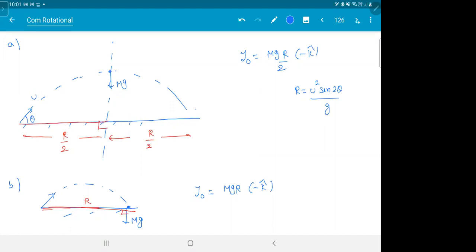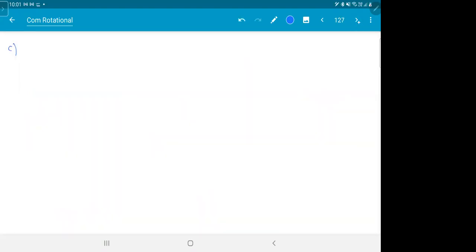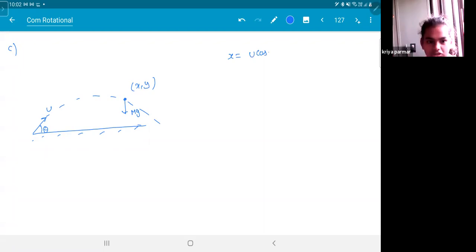Third one, see. You said any time t. So at any time t, let the coordinates be x comma y. Hope you guys remember how to find x and y. Can someone tell me what is x at any time t? u cos theta into time.